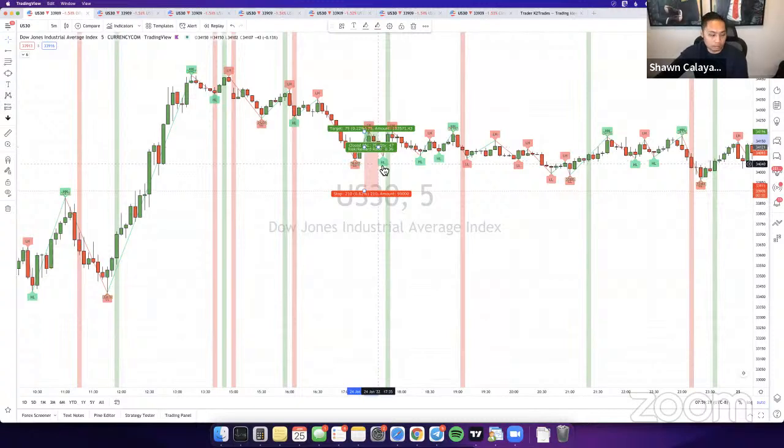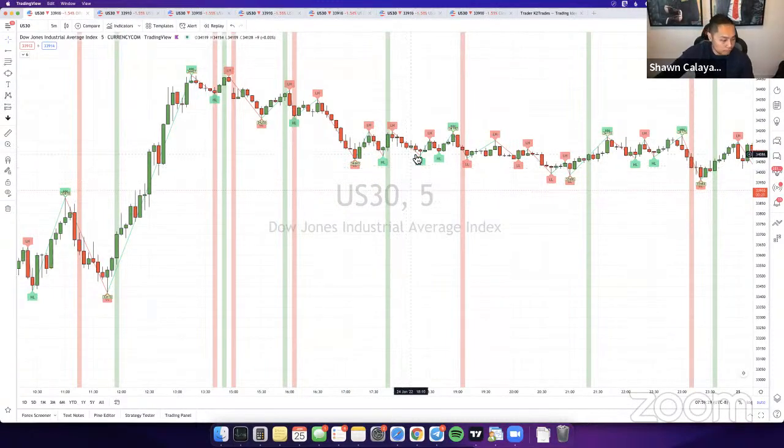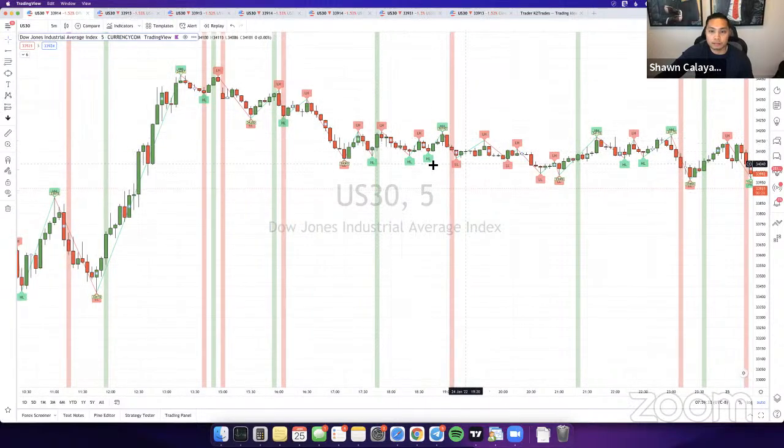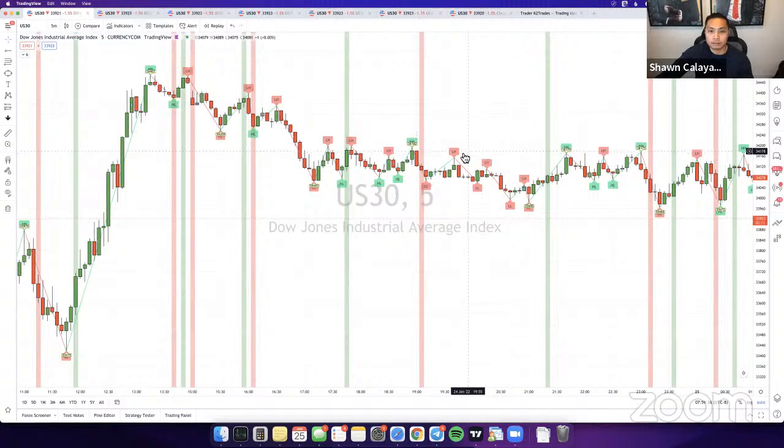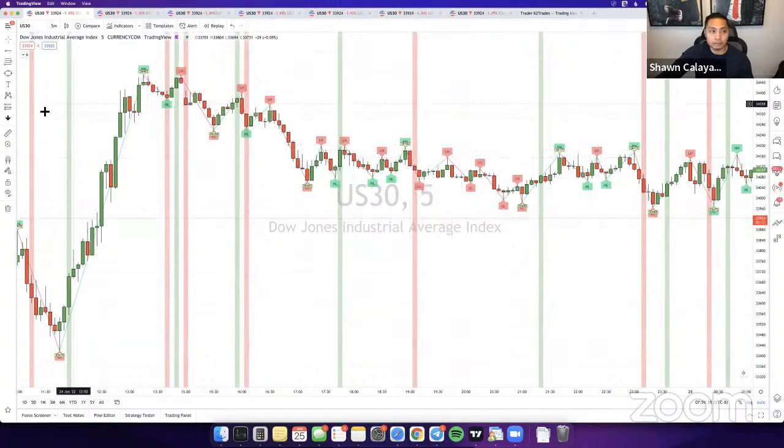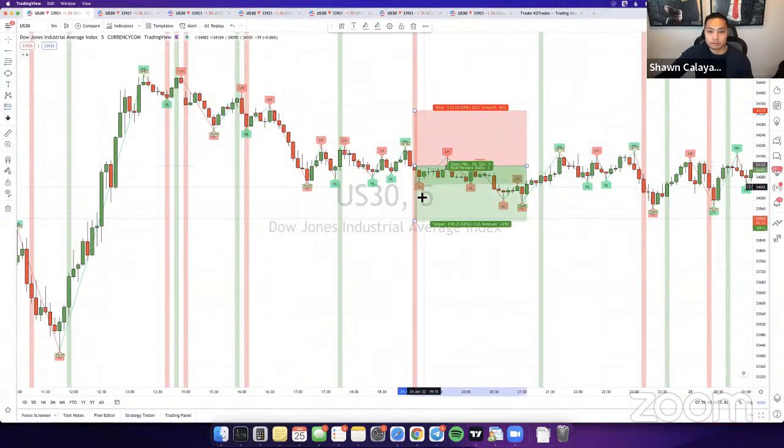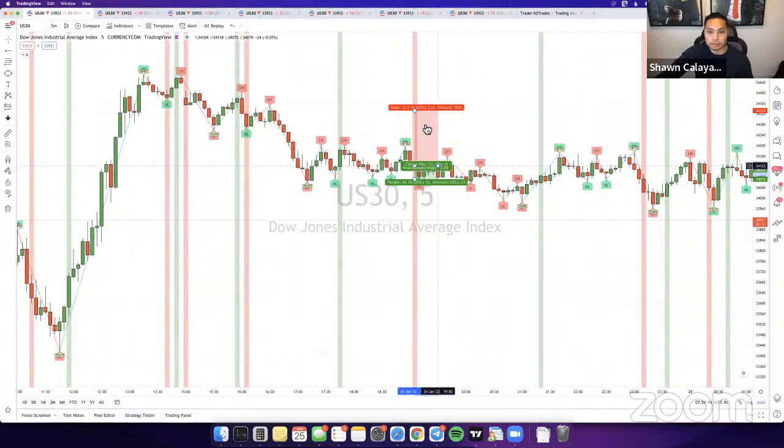It looks really good. Let's see. Yeah, so you have a high here, a red candle next to it. About 500 pips. Wow. That actually looks pretty solid.